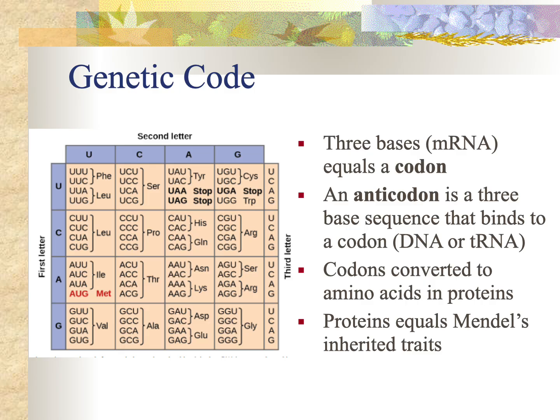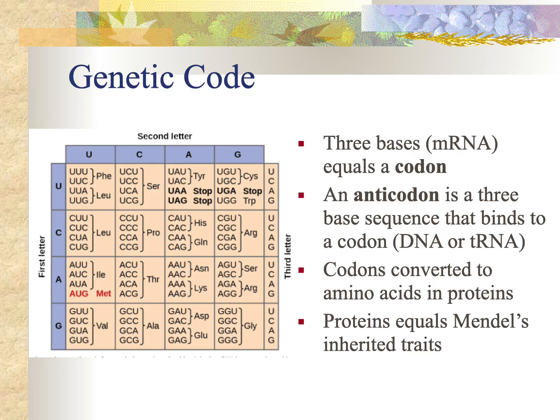The genetic code stands for the sequence of mRNAs that are converted into a protein. The mRNA has three base sequences referred to as codons, and they are read by a three base sequence on a transfer RNA that brings amino acids there. You don't have to memorize the genetic code, but there it is.